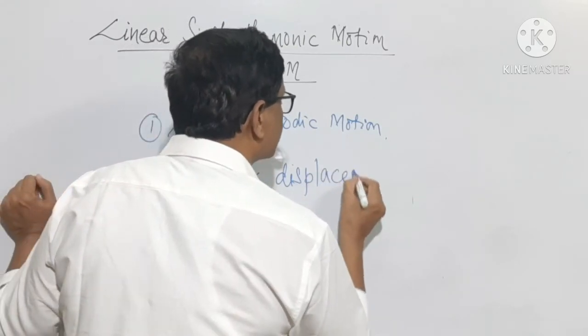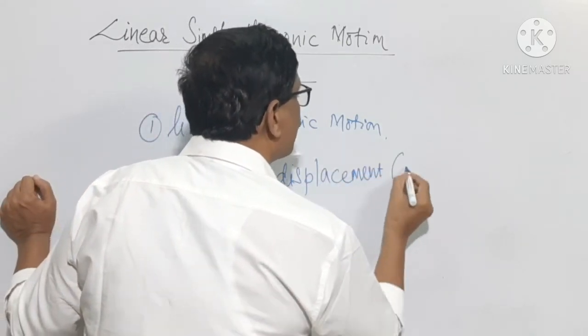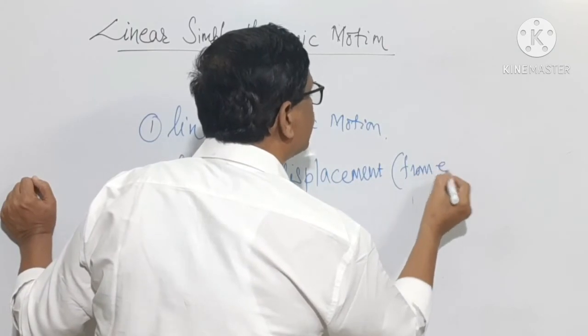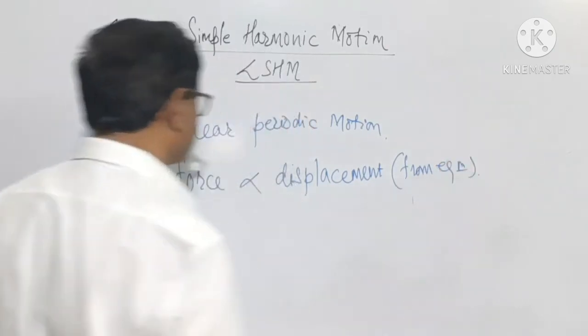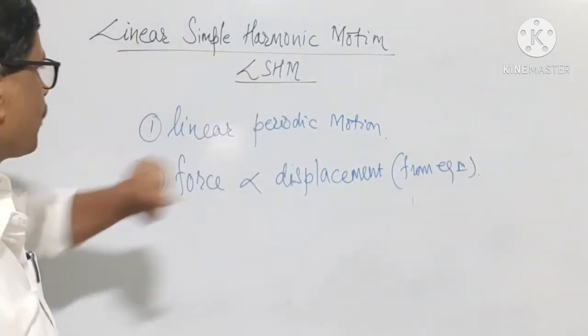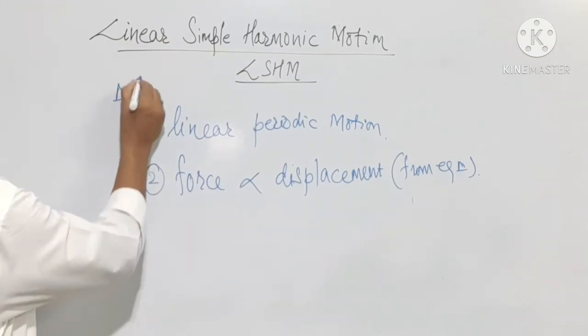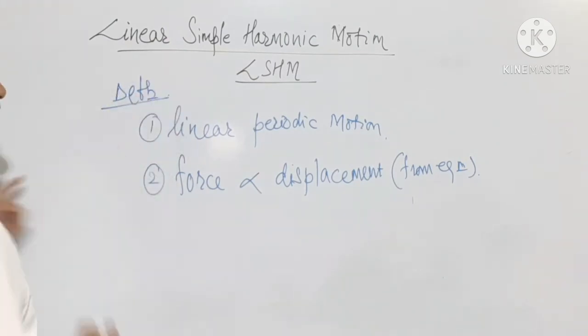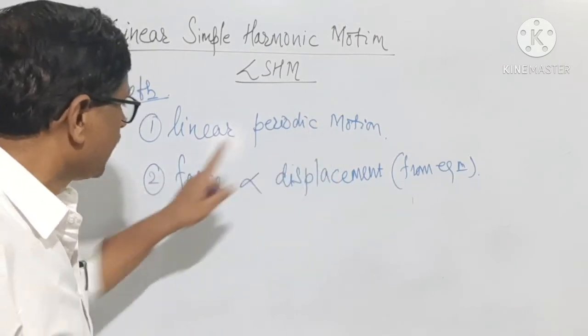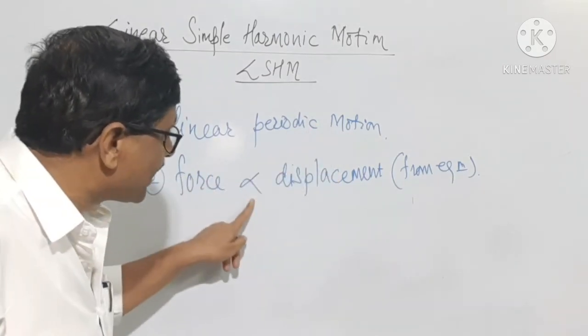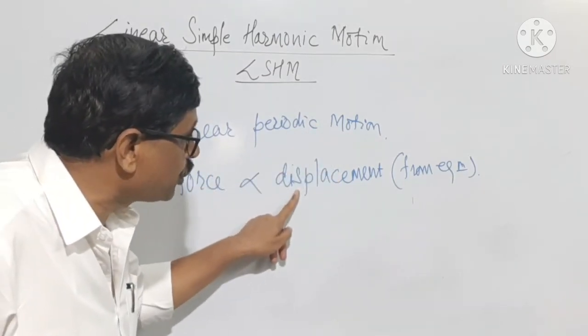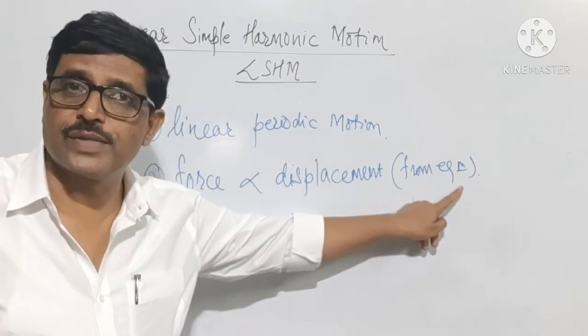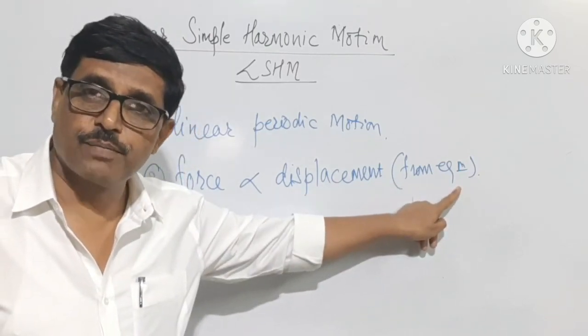What displacement? Displacement from equilibrium, measured from equilibrium. Linear simple harmonic motion is defined as linear periodic motion in which force is always directly proportional to displacement, which is measured from the equilibrium position.